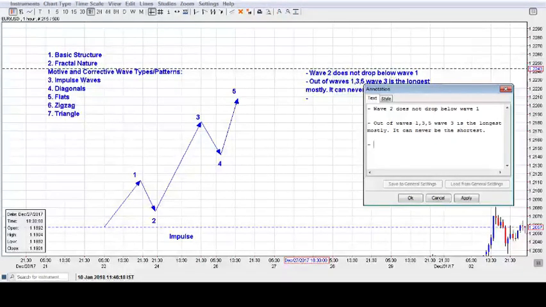Now you can take it for granted that the 5th wave will not exceed 65 points. If it does exceed, then it's doing something else. This rule really helps us to trade properly, or to keep our stop losses properly if you're wanting to trade aggressively.